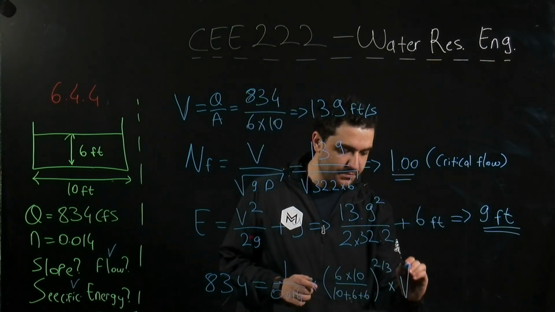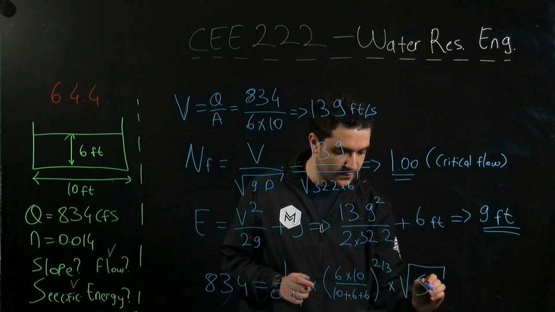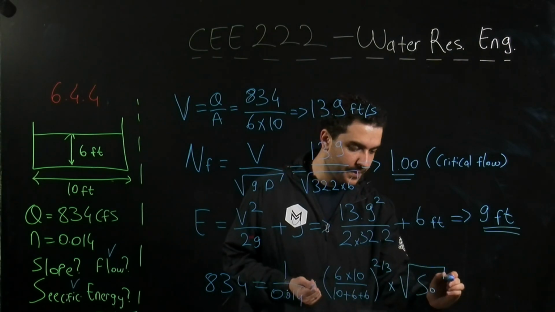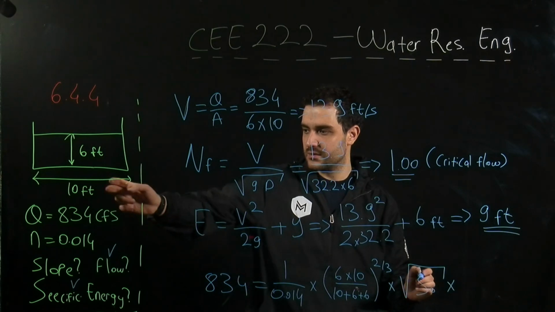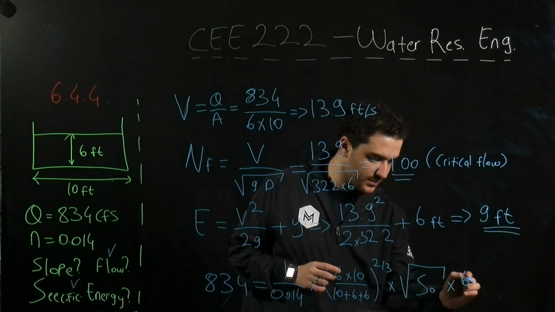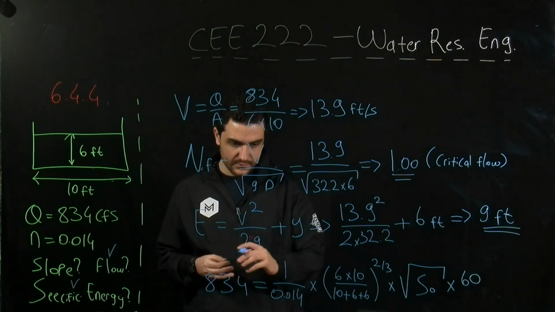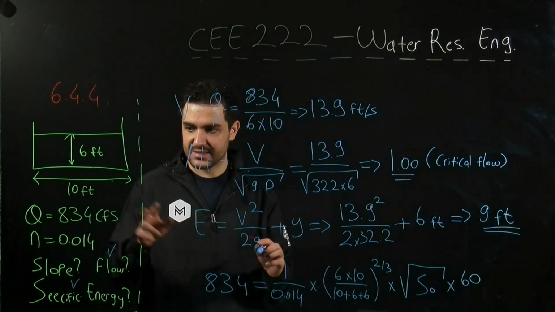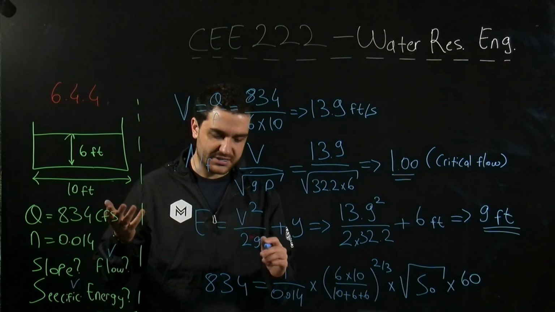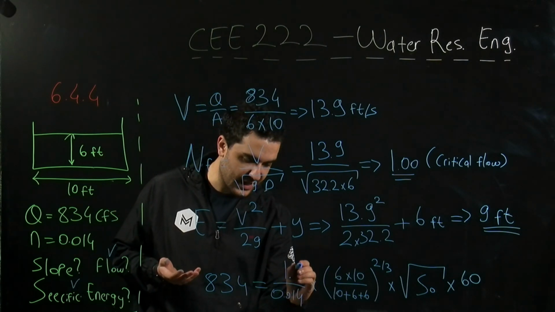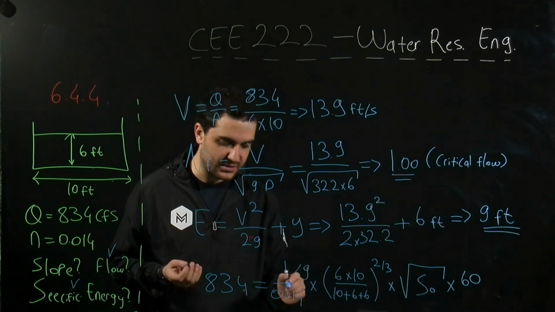Then we will have slope, which we are going to find. And again, the area is also 60. Oh, actually, since this is in British units, we need to have 1.49.